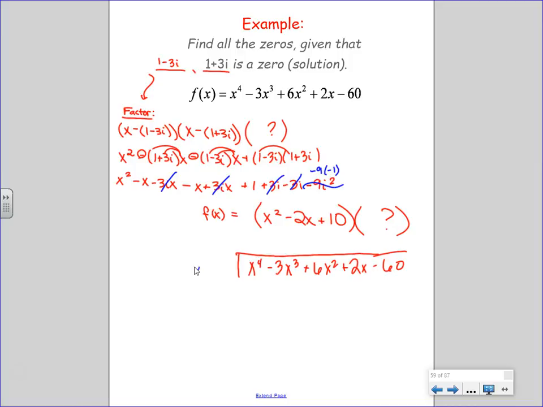Without having to go through and test 60, plus or minus 1, plus or minus 2, plus or minus 3, plus or minus 4, plus or minus 5, plus or minus 6, plus or minus... There's a lot in 60, even more than 24. So, we'll just do one division and I know for sure it'll be almost done, yeah? So let's divide it by that nasty x squared minus 2x plus 10, and yet we know that's going to work. And we know our remainder is going to be 0.